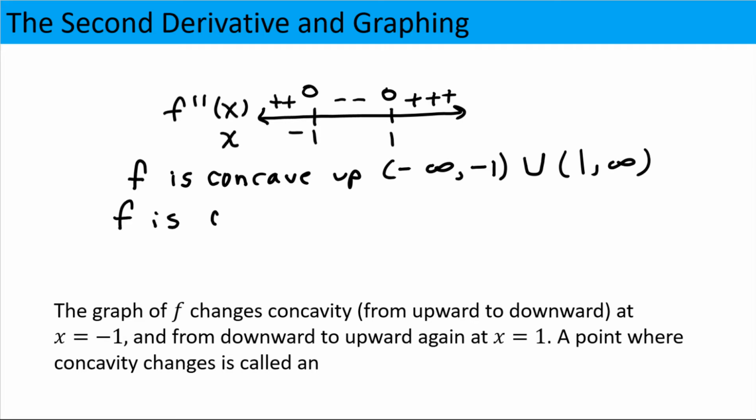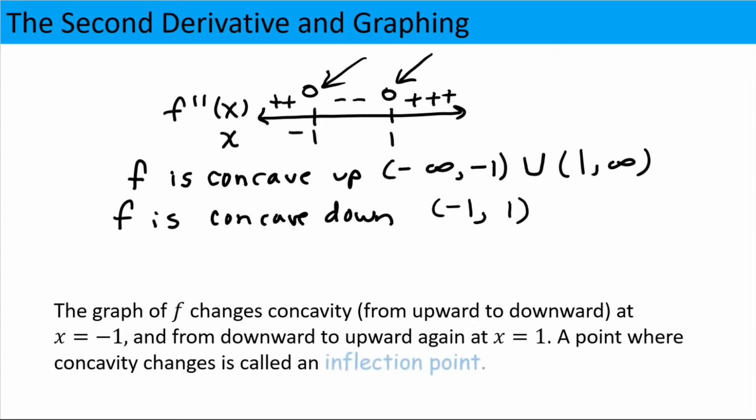And f is concave down where the second derivative is negative, and that happens between negative 1 and positive 1. The graph of f changes concavity from upward to downward at x equals negative 1, and from downward to upward again at x equals positive 1. A point where concavity changes is called an inflection point.